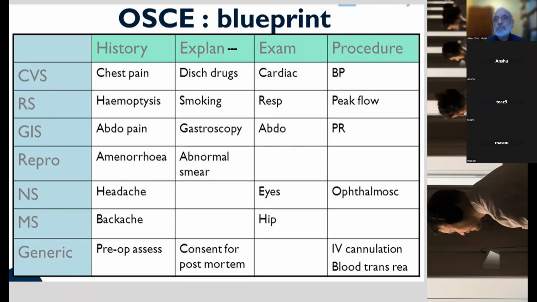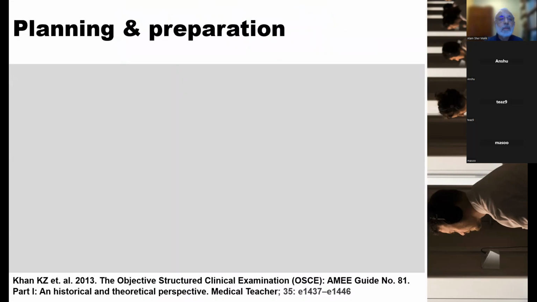That would also help to avoid the unnecessary duplication, would help to cover most of the areas, and at least all the major conditions, major situations can be planned and assessed appropriately. So blueprinting is very, very useful before actually conducting the OSCE.